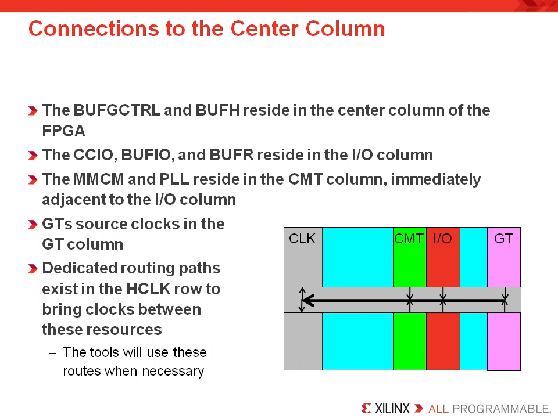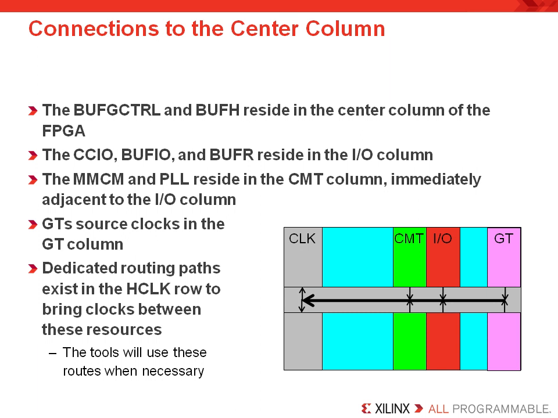The BUFG control and the BUFH primitives reside in the center column of the die, as we've discussed. The clock-capable I/O pins, BUFIO and BUFRs, reside in the I/O columns significantly further away. Now, the MMCM and the PLLs reside in the local clock management tile column, immediately adjacent to these I/O columns.